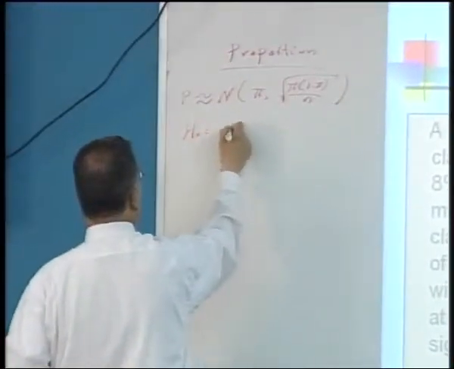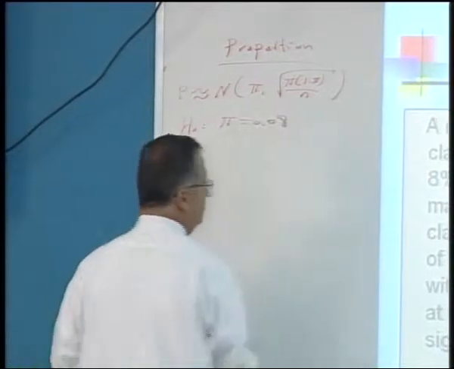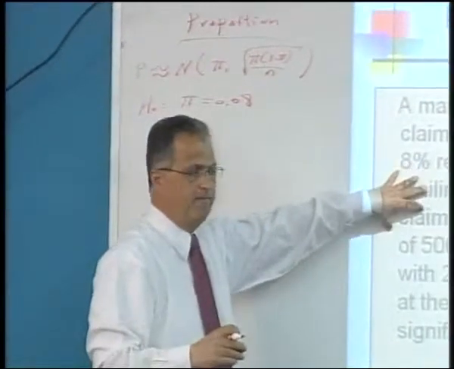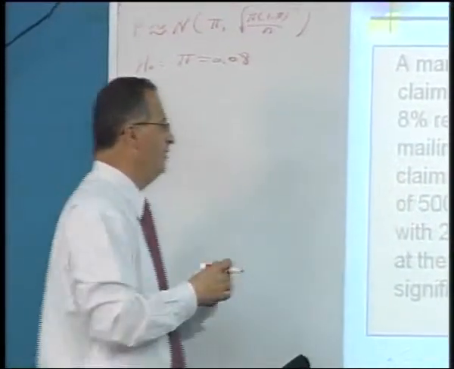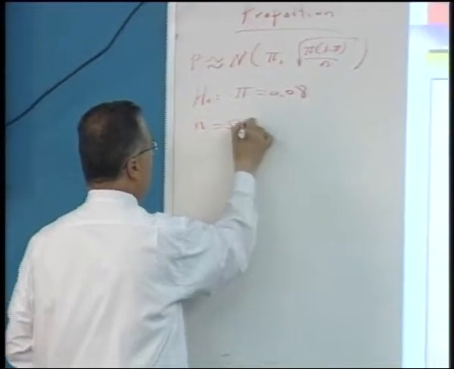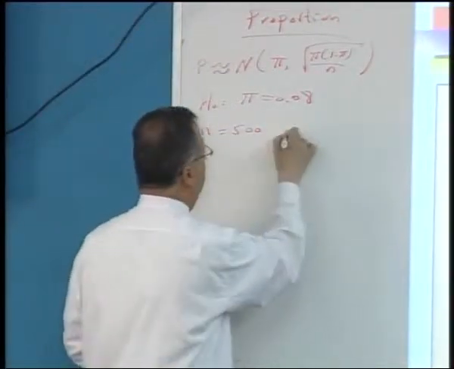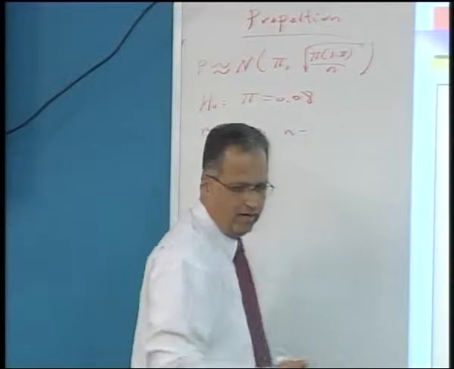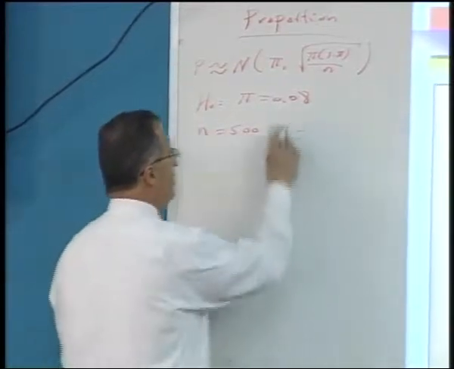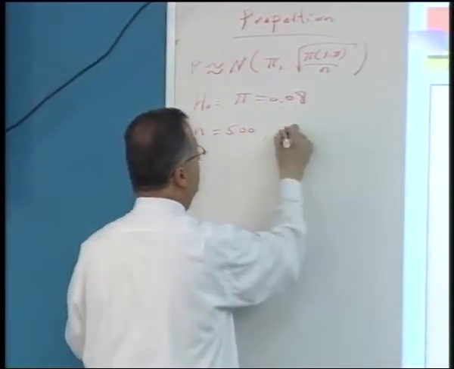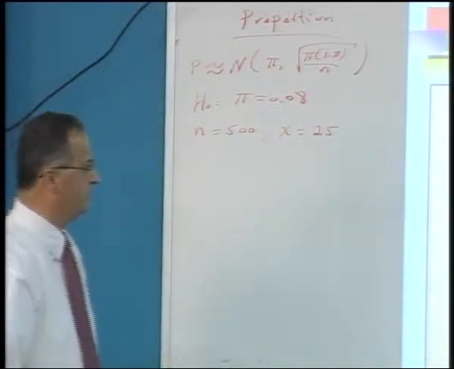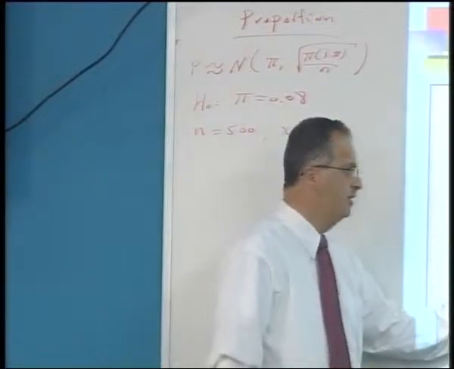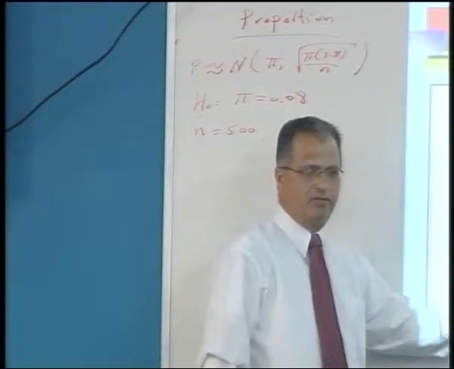From their records, we know that the proportion of response is 8%. To test this claim, a random sample of 500 were surveyed with 25 responses. So we are actually interested in the number of responses. So x is 25. So this survey of 500 gives 25 responses.